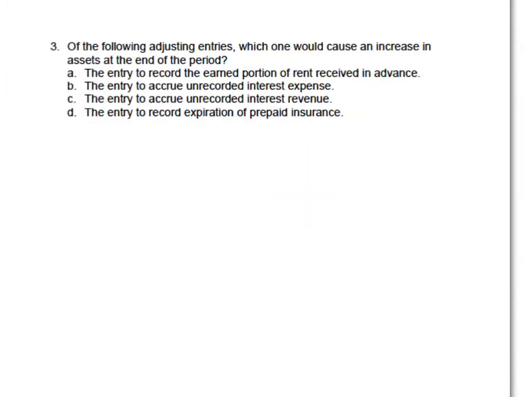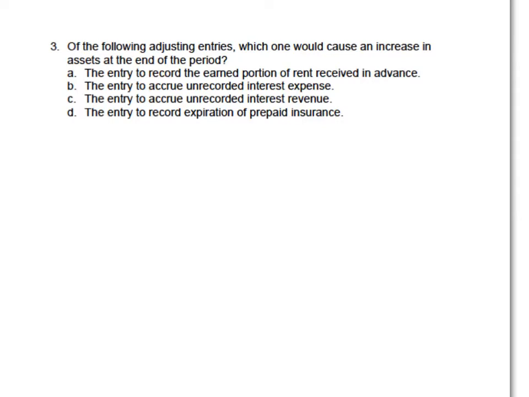for number 2. Number 3 says, of the following adjusting entries, which one would cause an increase in assets at the end of the period? The entry to record the earned portion of rent received in advance, well, that would be a debit to a liability, unearned rent, and a credit to revenue.